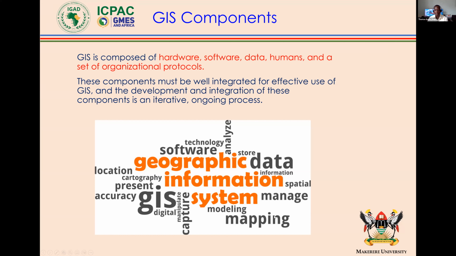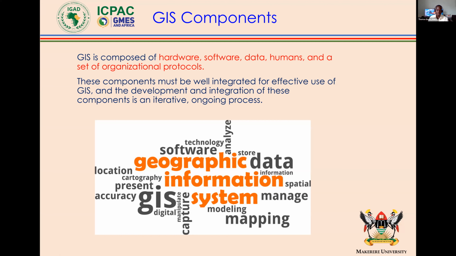Of course, we have the mapping that we keep hearing. Everybody keeps saying, I want to develop a map. So GIS doesn't only stop in mapping, it goes further to do modeling and managing of the spatial data. Of course, before that is done, the core of GIS is that the data must be in a digital format, not just any data.